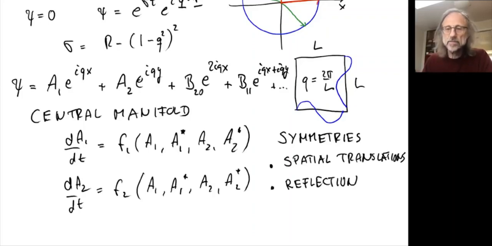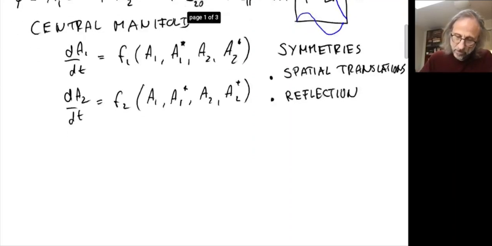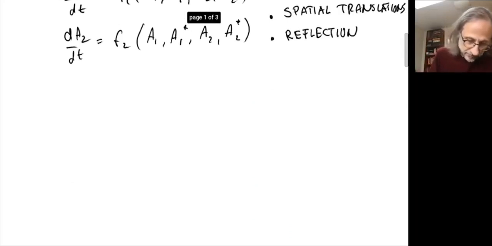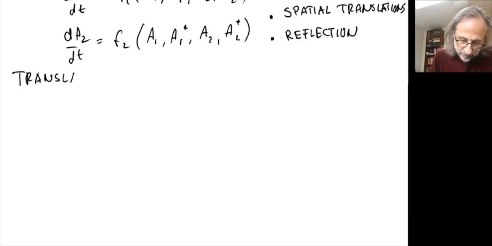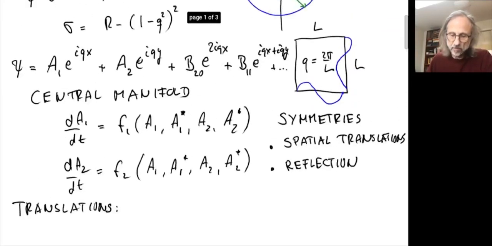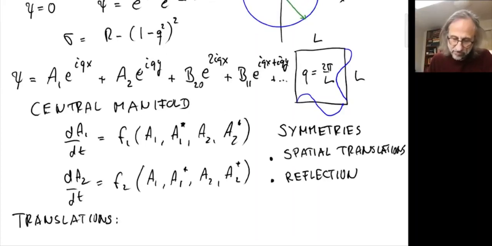Okay, so let's implement that. Translations work the same as before, except we have 2 of them. We need to know the action of a spatial translation on the amplitudes A1 and A2. We can translate in x and y independently, and therefore that leads to independent actions for both translations.